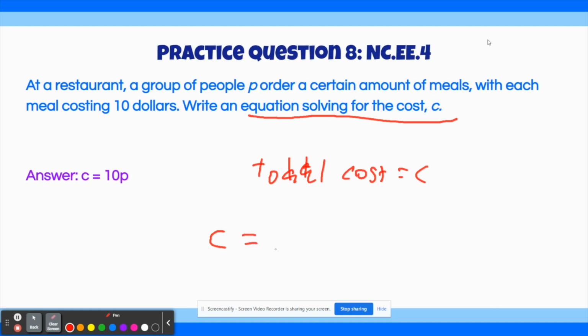Say C equals something. And it says with each meal costing $10, an amount of people P order a certain amount of meals.